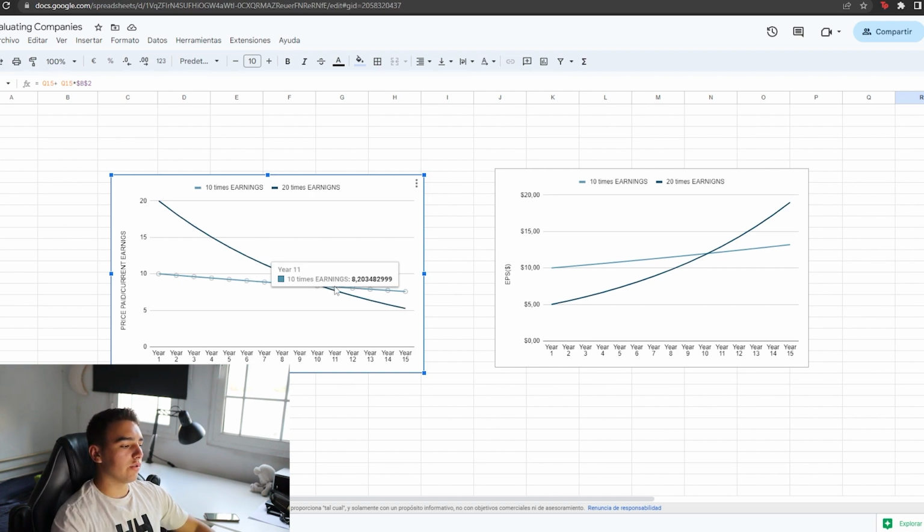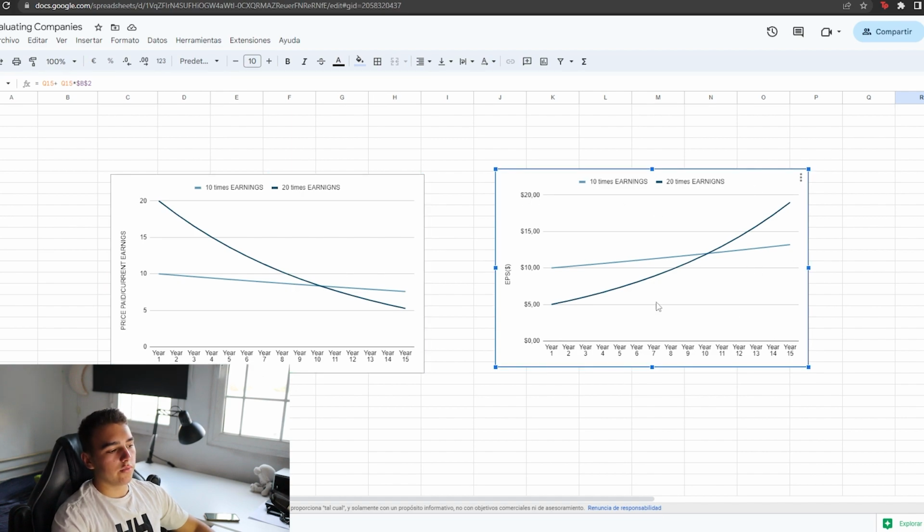But then when you start getting past year 10, each share you have is making more money on the company which is at a higher growth. And yes, this is the inverse graph, which is the earnings per share. Company A starts at 10, and company B starts at 5, and company A finishes at 13 and company B finishes at around 19.